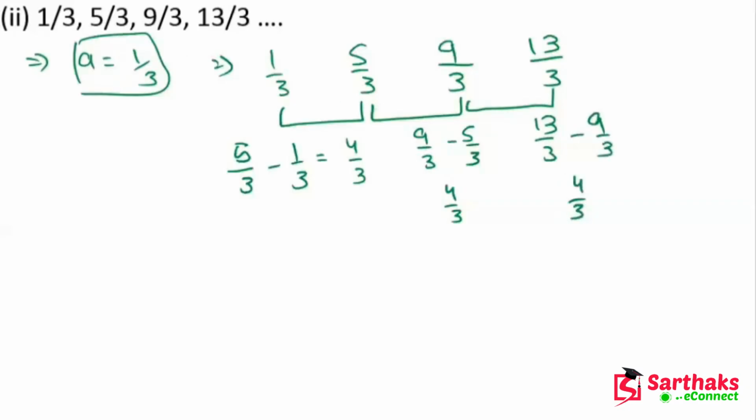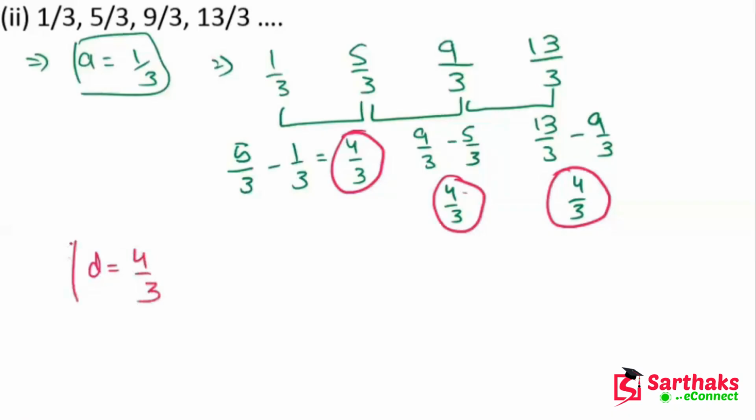So in this case, we have D is equal to 4 upon 3, since this is common, this is common, and this is common. This is the result of our question.